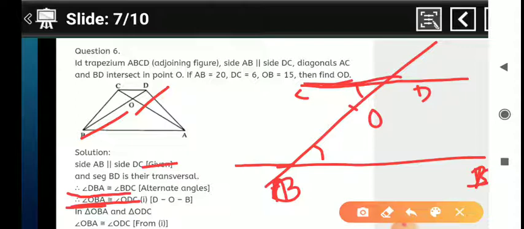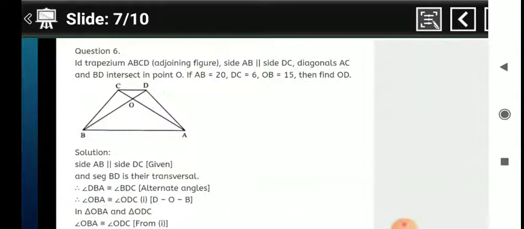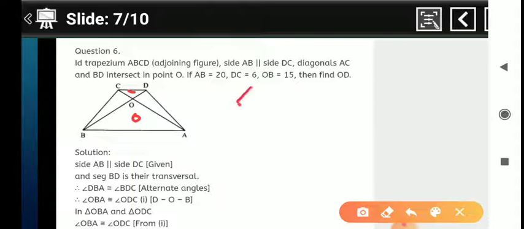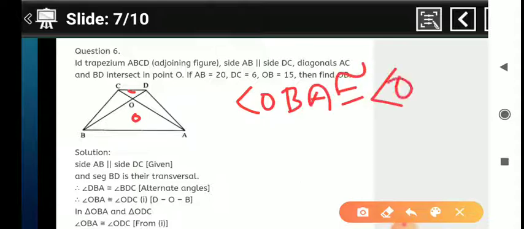Now in triangles OBA and ODC, the triangle OBA is this one, and ODC is the upper smaller triangle. From equation 1, angle OBA is congruent with angle ODC.